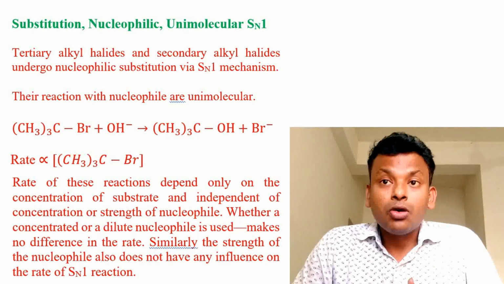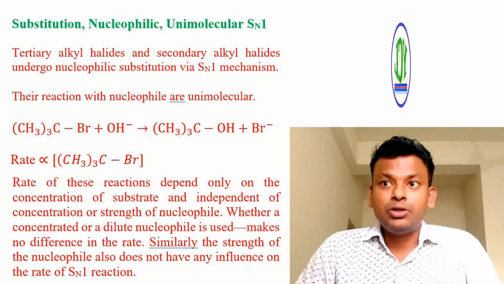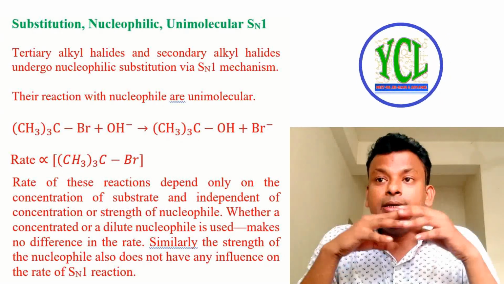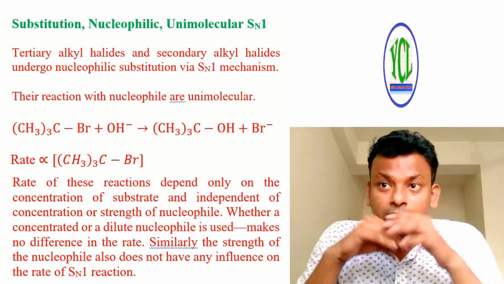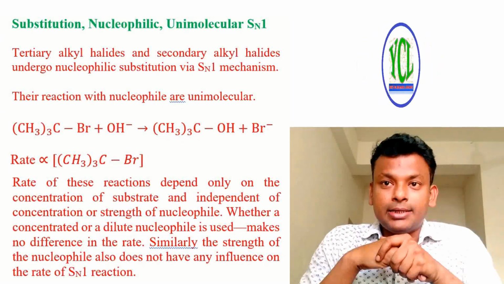Whether concentrated or dilute nucleophile is used makes no difference in the rate. Similarly, the strength of the nucleophile also does not have any influence on the rate of the SN1 reaction.